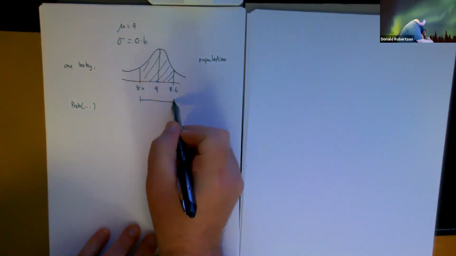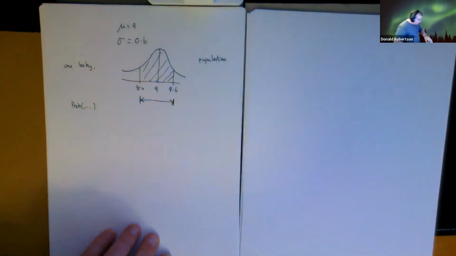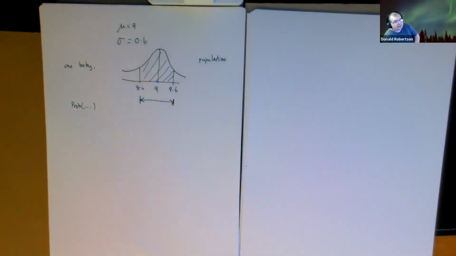You're going to have to think back. But can you remember roughly what percentage, and that's going to be the probability, do you get within one standard deviation of the mean of a normal distribution?